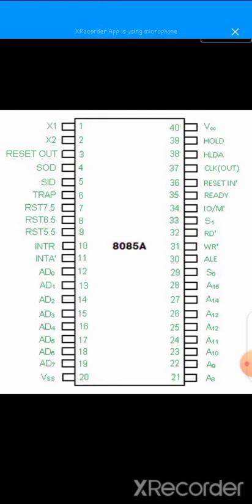And pins 29 and 33, that is S0 and S1, are status pins, and the ALE, that is the 30th pin, represents the status of the address and data lines.